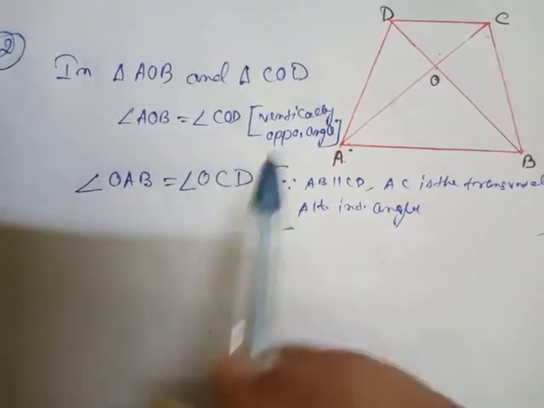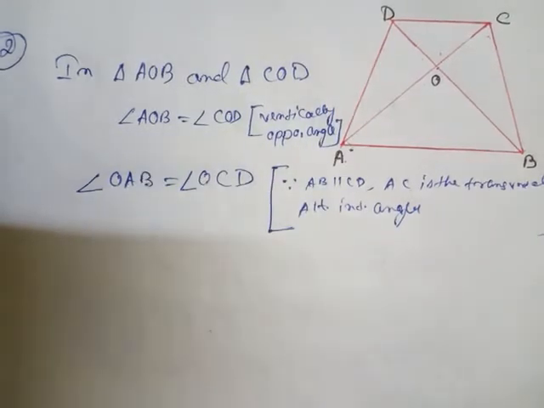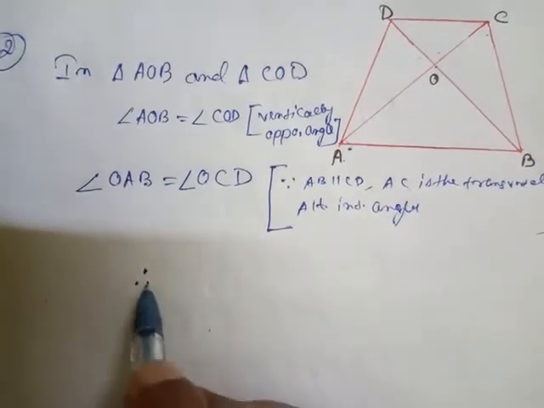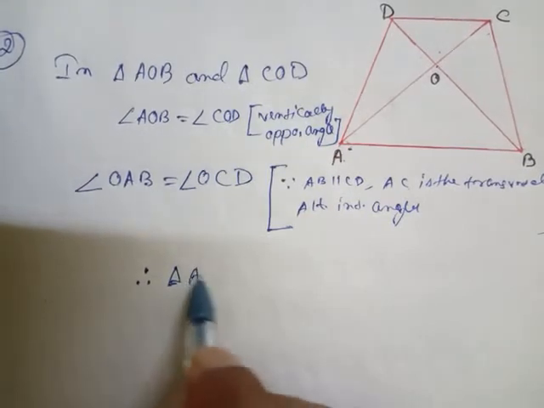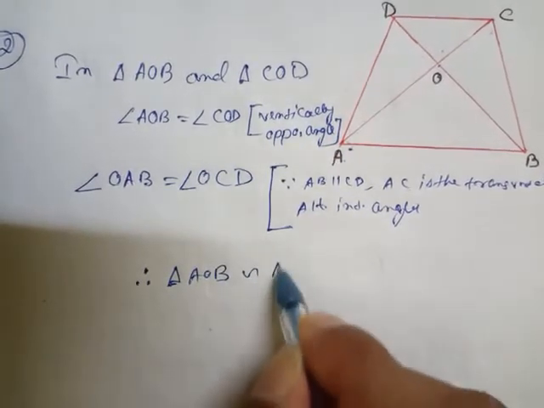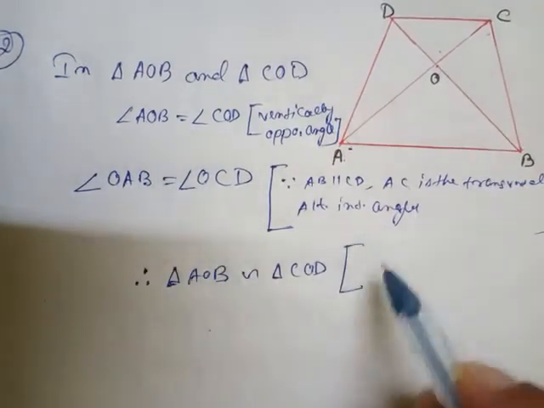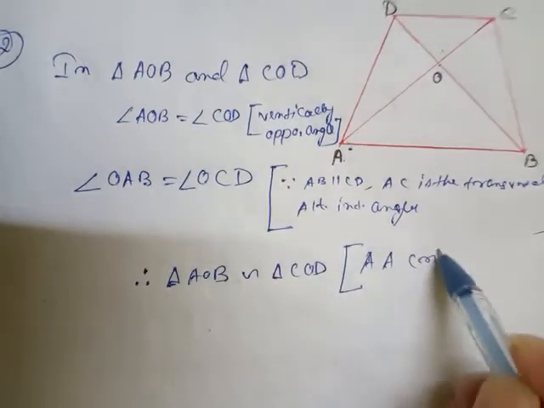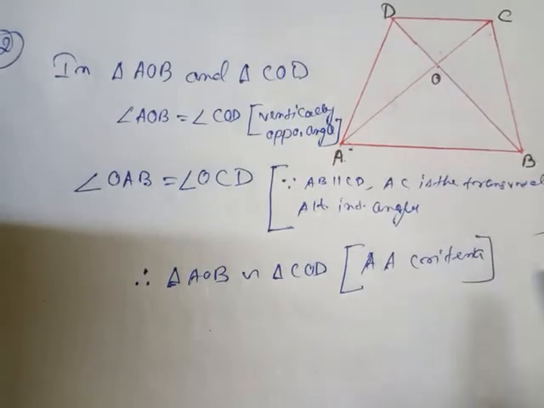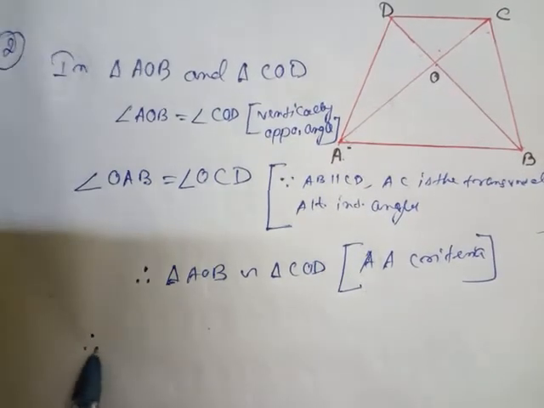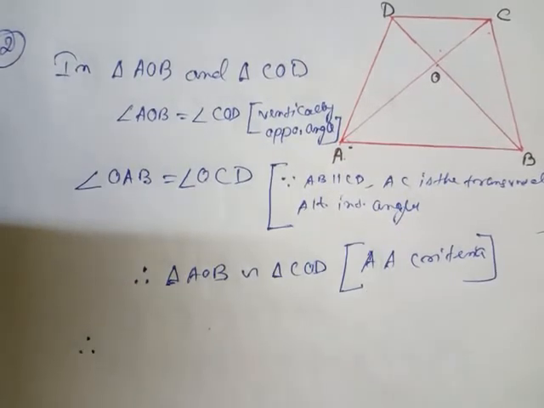So students, for the similarity, these two reasons are already mentioned. Therefore triangle AOB is similar to triangle COD by the angle criteria, since there are two angles. Therefore these two triangles are similar, proved.